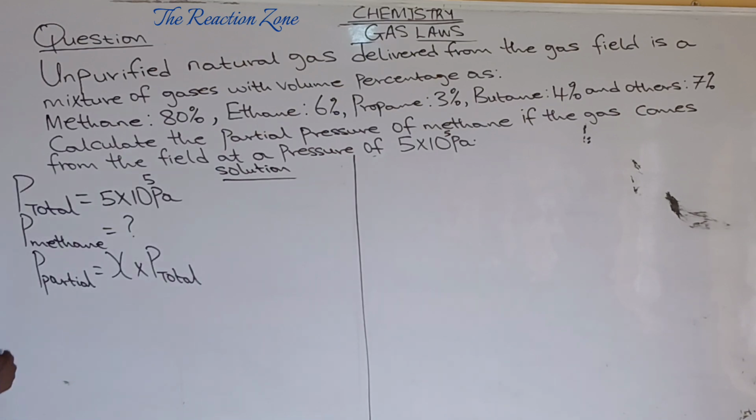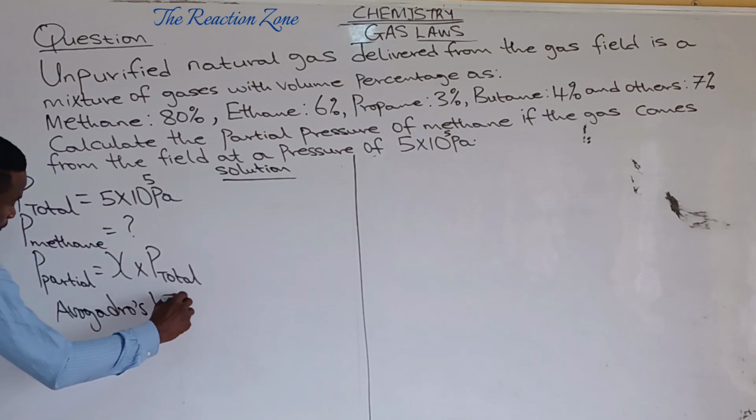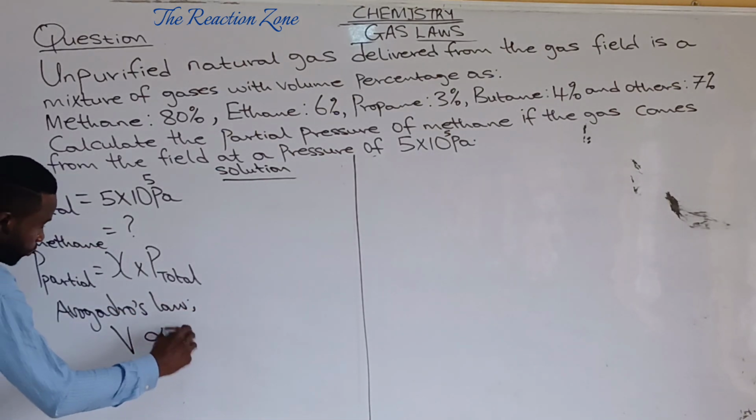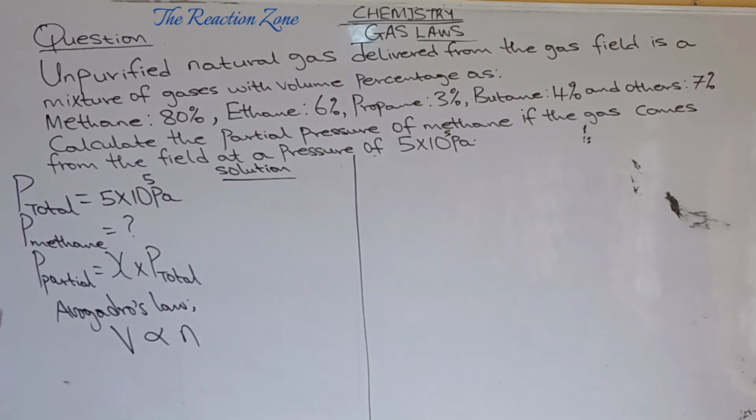But let us recall Avogadro's law, that volume is directly proportional to the number of moles. So what this means is that the volume percentage of each of the components of the gas is the same as the number of moles of each of the components.